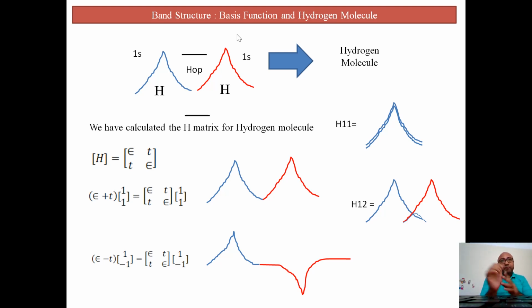Epsilon plus T is the higher value, though it depends on the magnitude and polarity of T. At the moment, let's say T has positive polarity, so epsilon plus T is a higher value and epsilon minus T is a lower value.